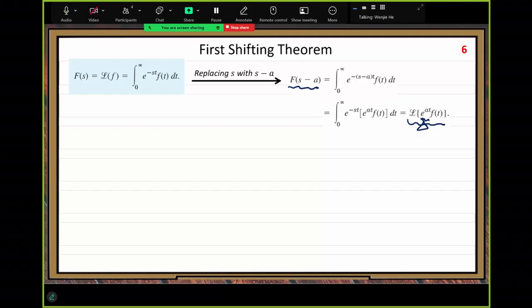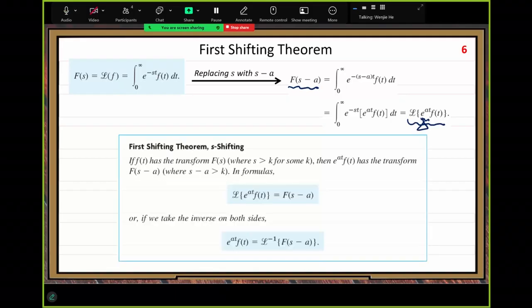Let me write that theorem formally. There are two parts, because when we have a Laplace transform, at the same time we have an inverse transform. So we have two formulas here. The first formula, we just copy. Oh, I need to maximize the screen so you can see more space.